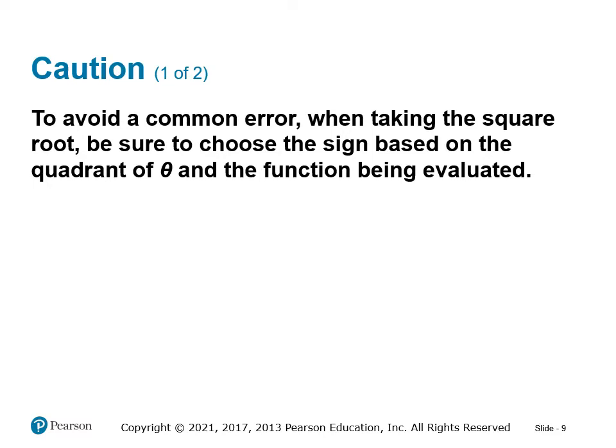Especially if you're taking a square root plus or minus, you may forget that, but we're always going to be using the quadrant to figure out what the functional value is for that quadrant.